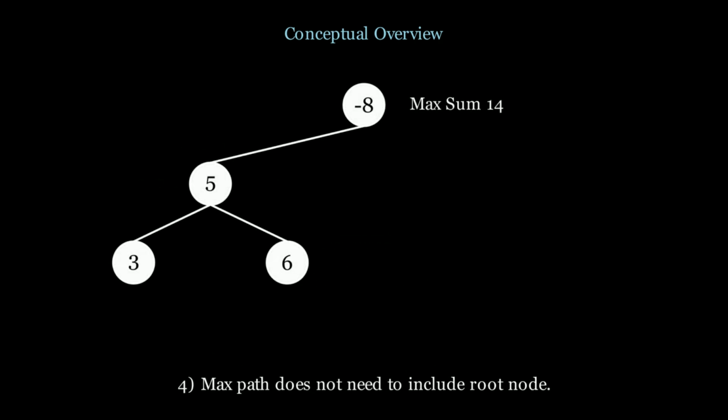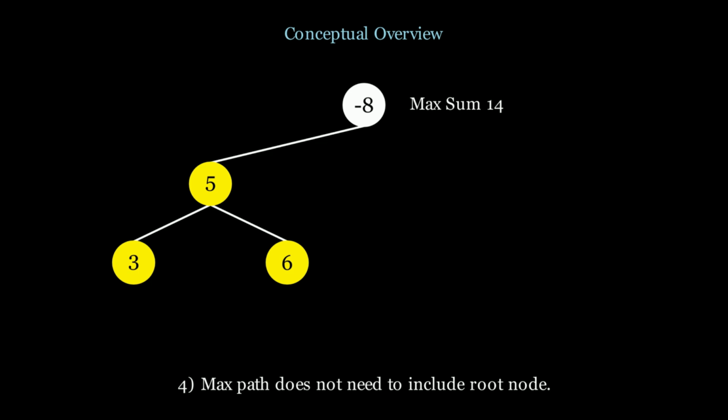Now, in the last example over here is what do we do in the case where it's not beneficial to take the root node? In this case, the maximum sum is 5 plus 3 plus 6, right? And so we're going to have to keep track of the maximum path as if the current node was the root. So this gives us the benefit of taking the left and right max paths, not just one of them.